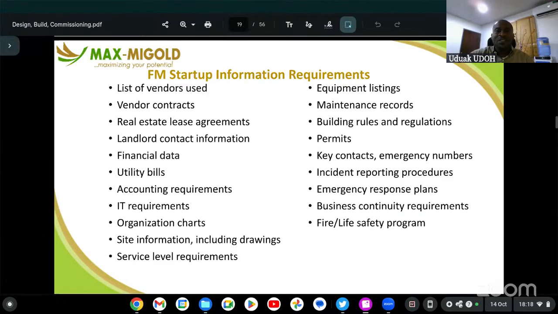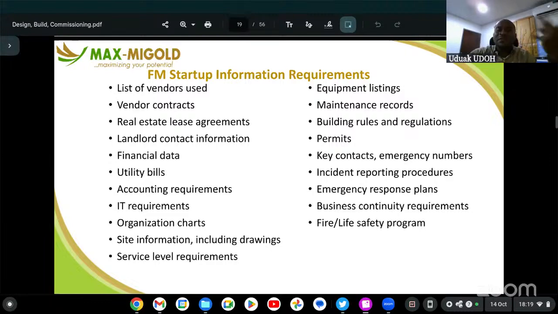So these are some FM information requirements: the list of vendors used for the construction or the project, and vendor contracts. It's always good to have a contract with your vendors, wherein they fill in their office address and key stakeholders and shareholders of the company. They also need to attach their CAC registration certificate, their tax documents, and so on.